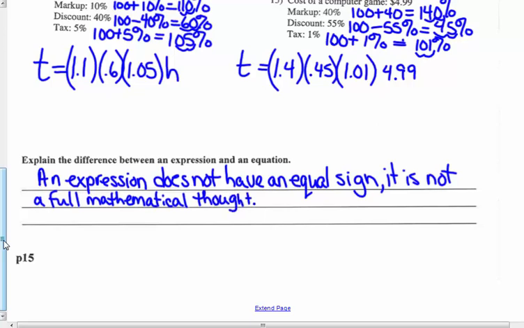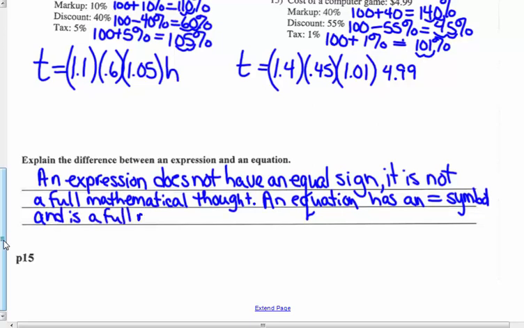But an equation has an equal sign, an equal symbol. And an equation is a full mathematical thought.